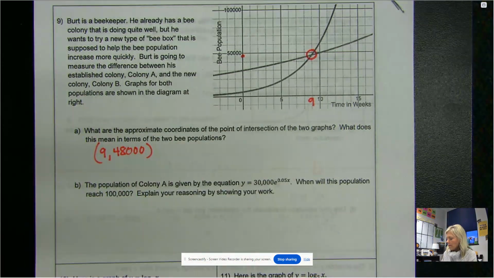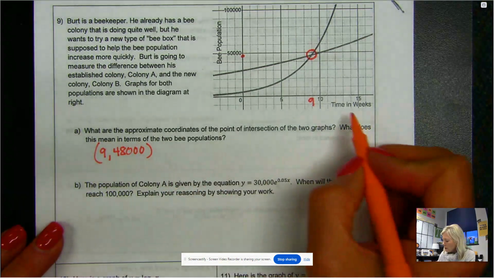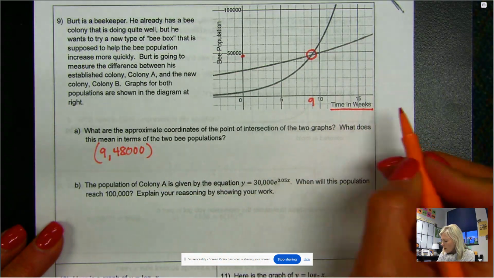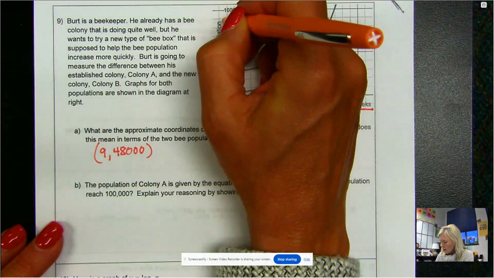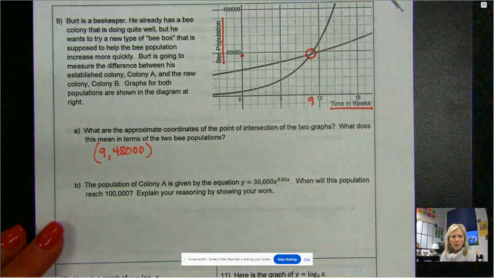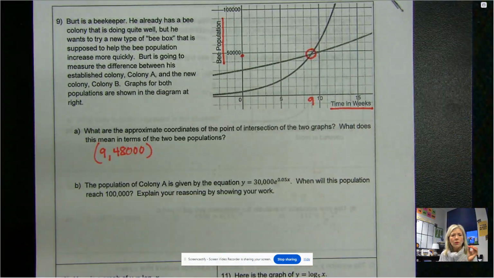But then what does it mean in terms of the two bee populations? So this axis is time, and this axis is the bee population. So I need to make sure that I include both of those words in my response.